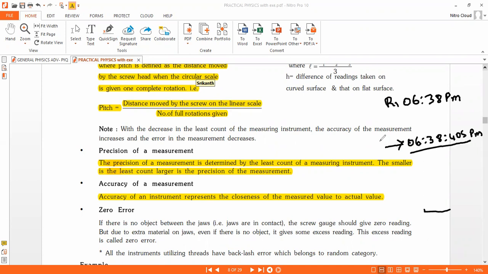Suppose this is R1 and this is R2. So accuracy means the value which is closeness to the absolute value or true value. That can be called accuracy. I think in chemistry, we might study accuracy and precision. Yes, the same thing.